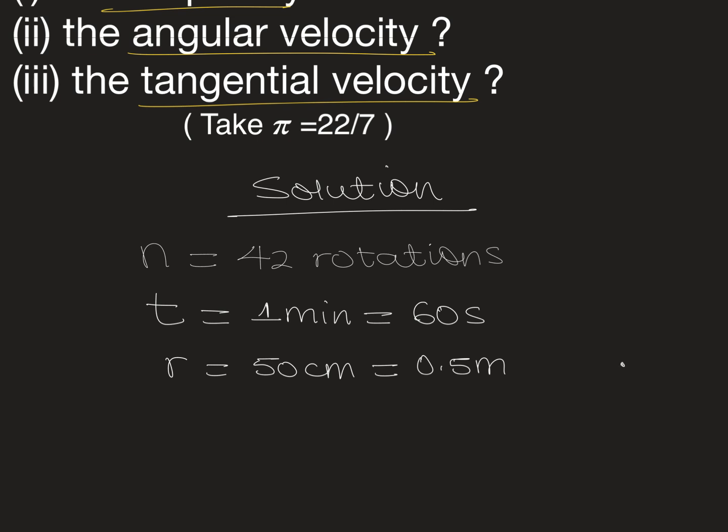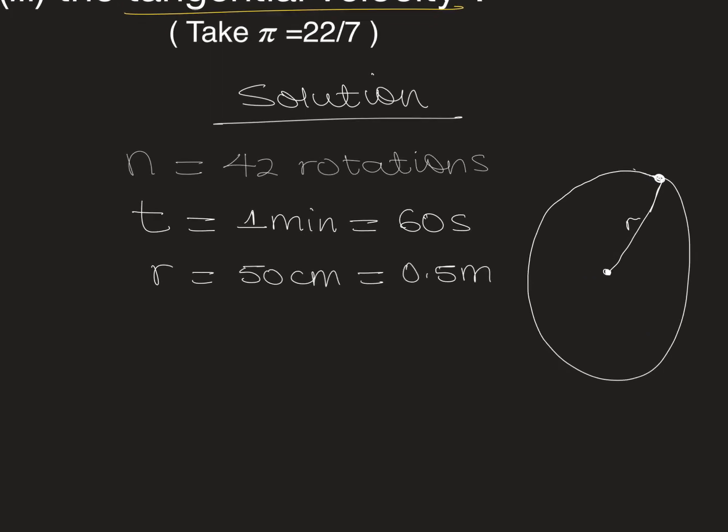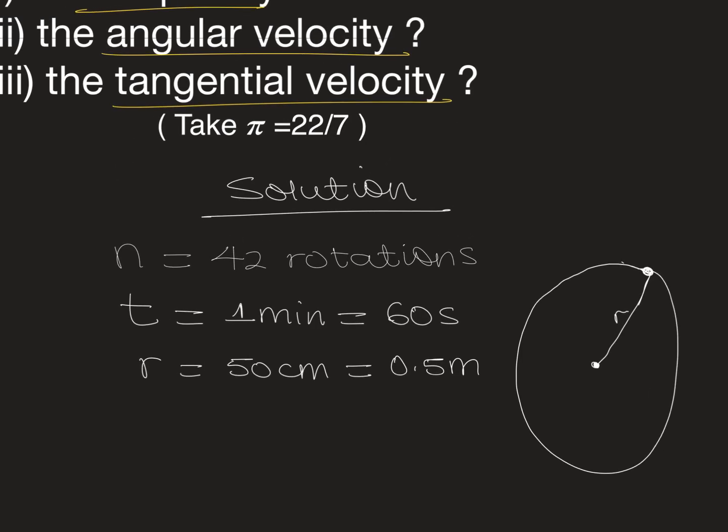Let's say this is the center of rotation. This is the position of the object. For a body that is moving in circular motion, the distance from the center to the position of the object is the same as the radius of the circle. Okay? So that is how we interpret it.